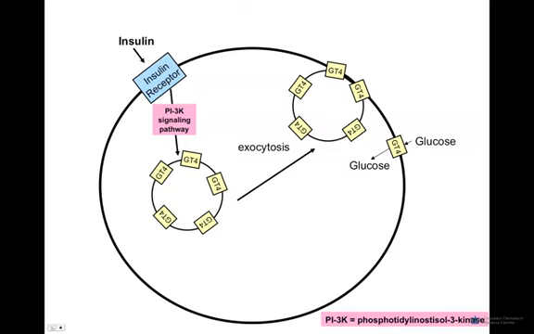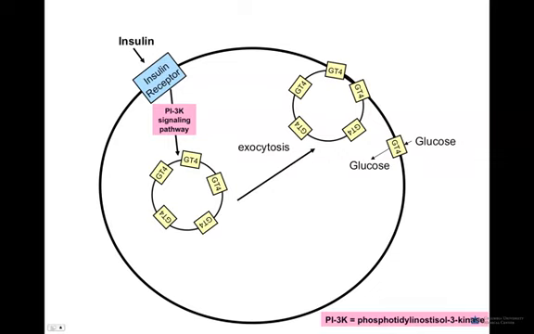So that means that these vesicles of GLUT4 transporters fuse with the plasma membrane, and that allows these GLUT4 transporters to insert themselves into the membrane, and glucose then can get taken up. So this is the mechanism by which insulin acts through the second messenger system to allow for the insertion of the GLUT4 transporters into the plasma membrane of these cells.